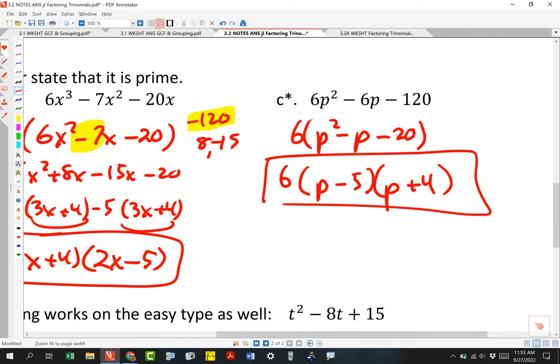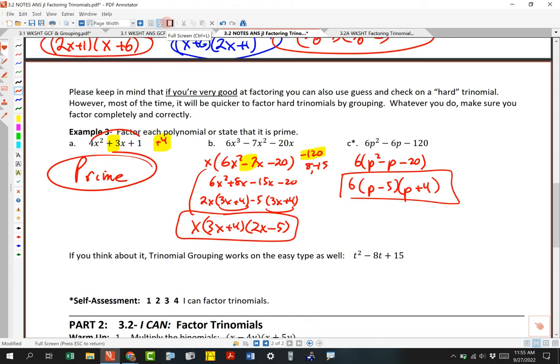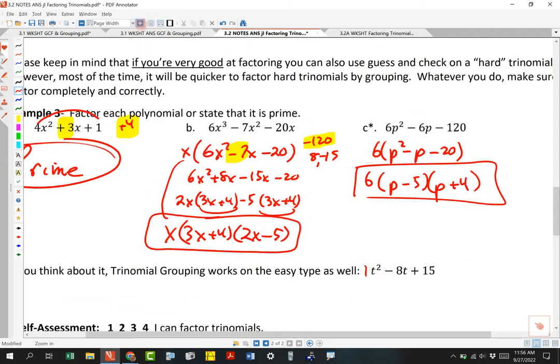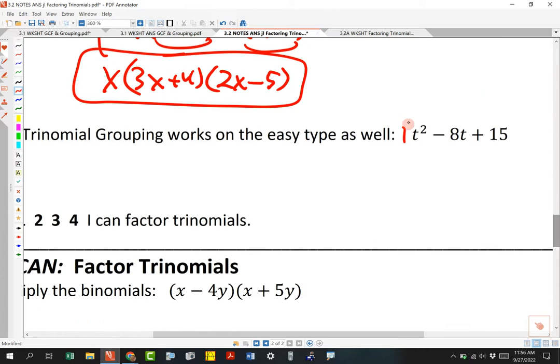I've got one more thing I want to point out, and then I'll show you the assignment. Watch. Trinomial grouping actually works on easy ones too, because the number in front is a 1. So if I take the coefficient in the front and multiply it by this one, I get a 15. Multiply to be 15, combine to be positive 8. I'm going to use a 3 and a 5.